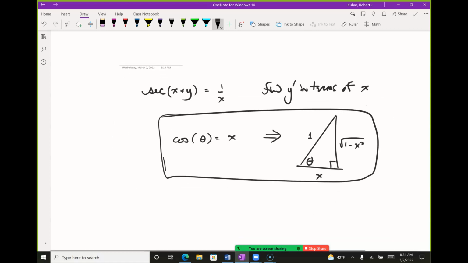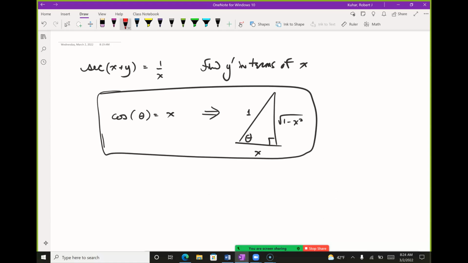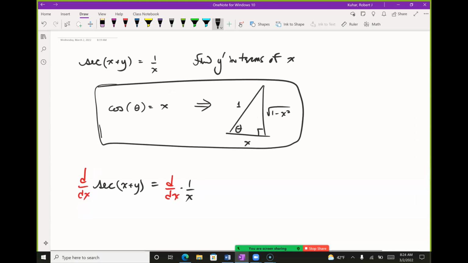Okay, so let's go for our derivative. So we're doing d dx of the secant of x plus y should equal the derivative d dx of 1 over x. Right? It's an operator. It's not like a multiply. It is kind of a multiply, but it's an operator, like square root. So what do we get on the left side?